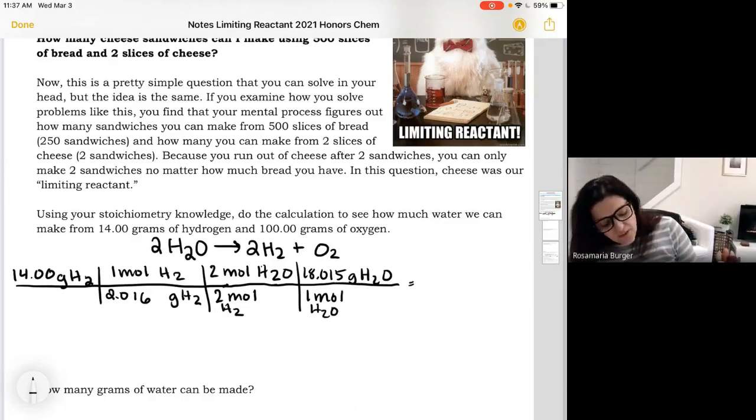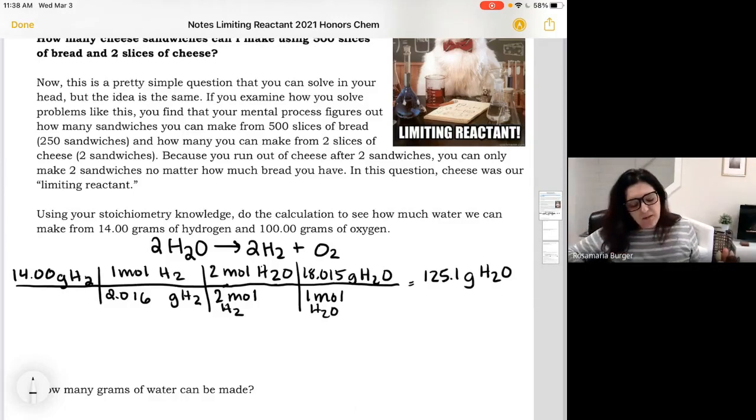So I've got 14.00 divided by 2.016 times 18.015, which gets me 125.1 grams of H2O. That's how much I can make based on hydrogen gas.